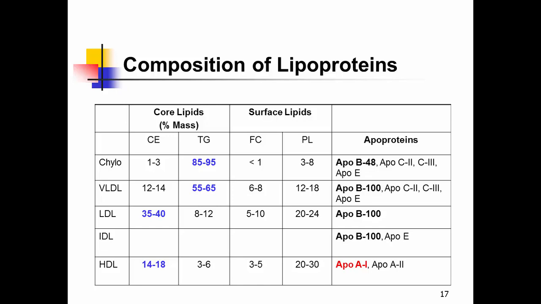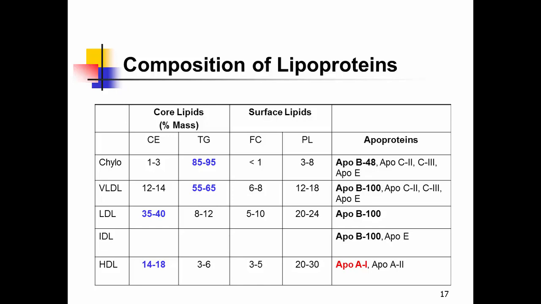And composition of lipoproteins, right? We also mentioned the two triglyceride-rich lipoproteins, chylomicron and VLDL. The reason is that in these two types of lipoproteins, the majority of lipids in the core are triglyceride.